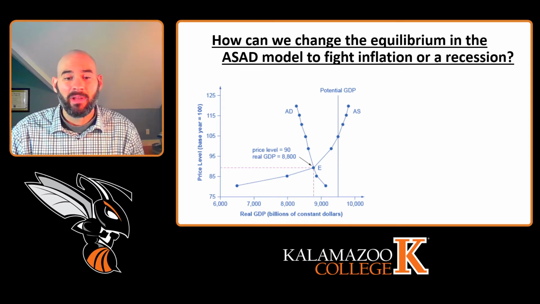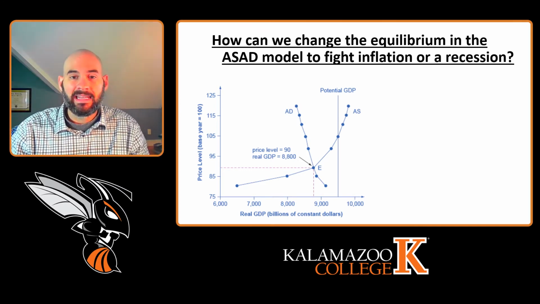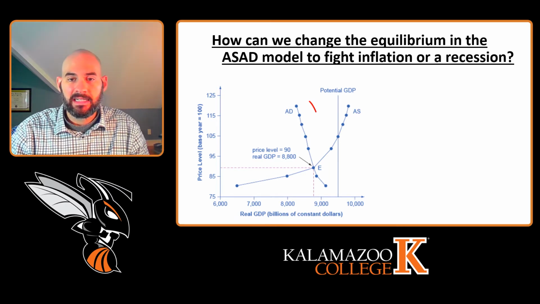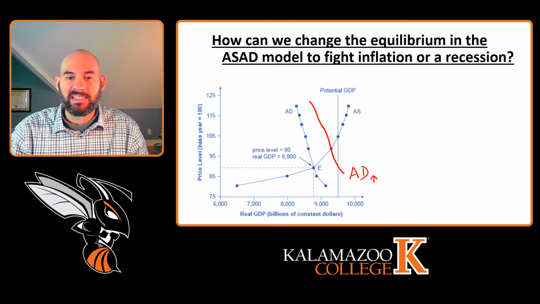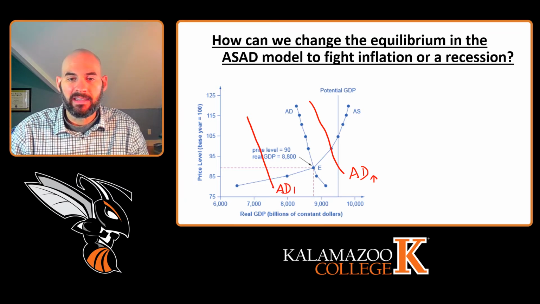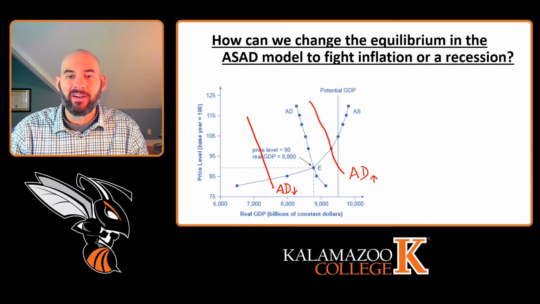So in the aggregate supply, aggregate demand model, we know that we can increase aggregate demand, we'll call this aggregate demand up, and we can decrease aggregate demand down by either increasing government spending and decreasing taxation, or by decreasing government spending or increasing taxation.